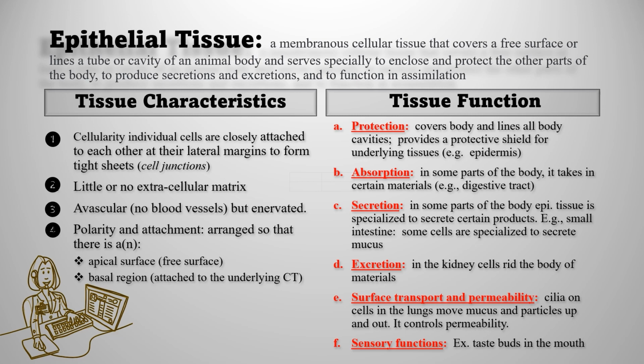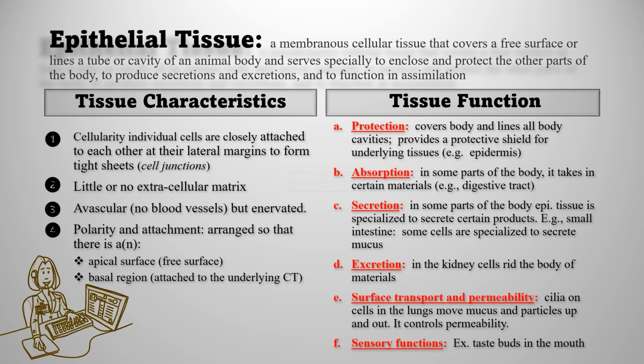This tissue has specific characteristics. Cellularity: individual cells are closely attached to each other at their lateral margins to form tight sheets, and we said that in the definition first. It has little or no extracellular matrix.